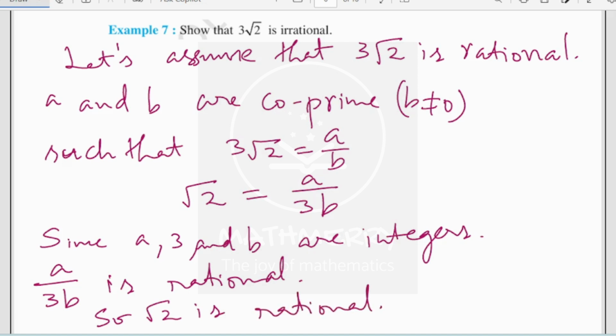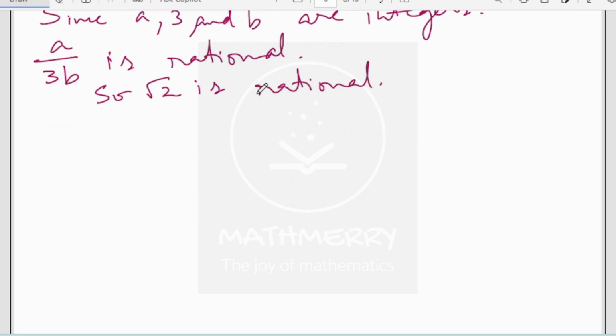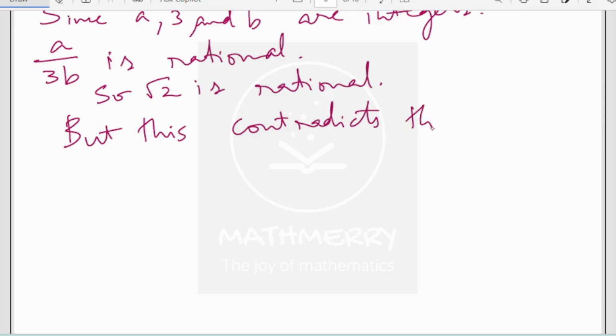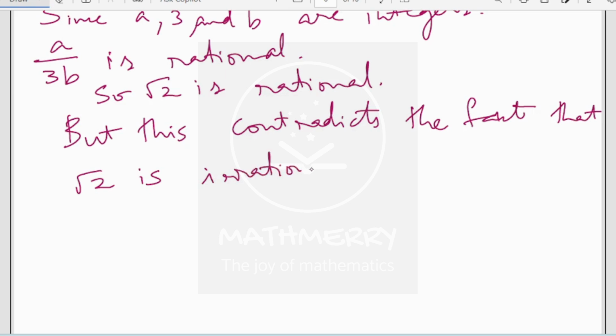But we know from theorem 1.3 that root 2 is an irrational number. But this contradicts the fact that root 2 is irrational. So that means our assumption is wrong. Hence 3 root 2 is irrational.